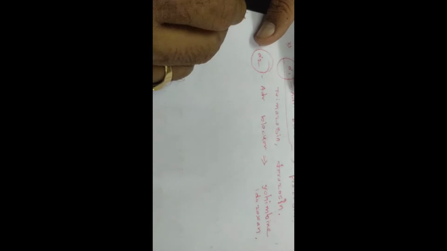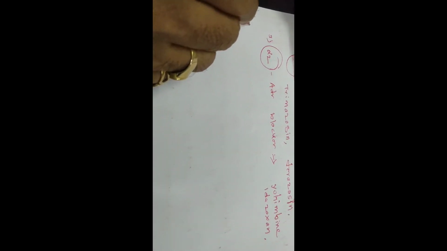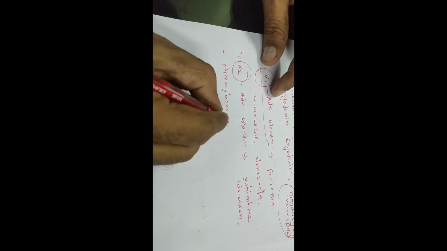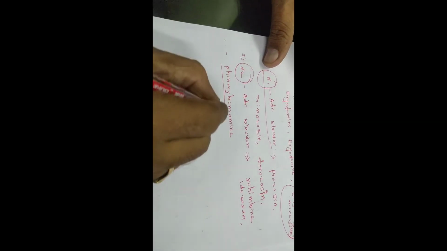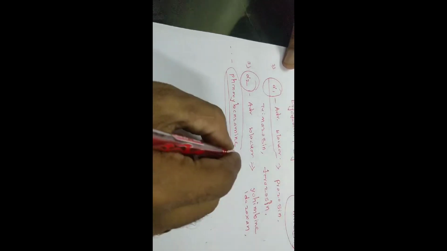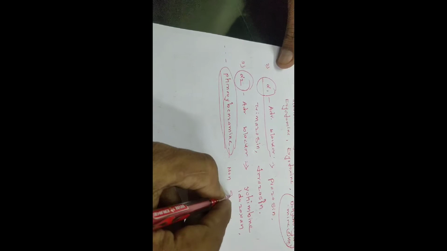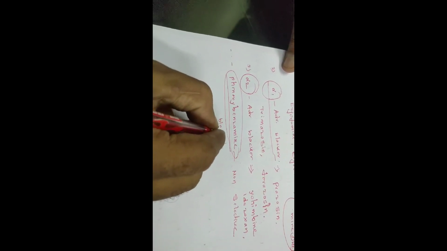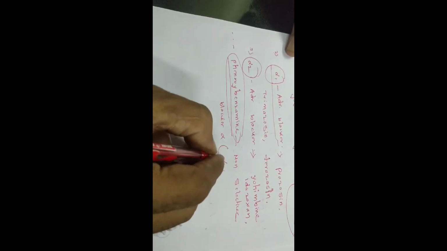Now see the example of that. Phenoxybenzamine is a non-selective alpha blocker, that means it blocks alpha 1 and alpha 2.